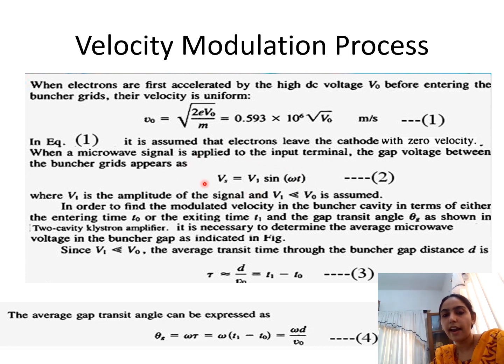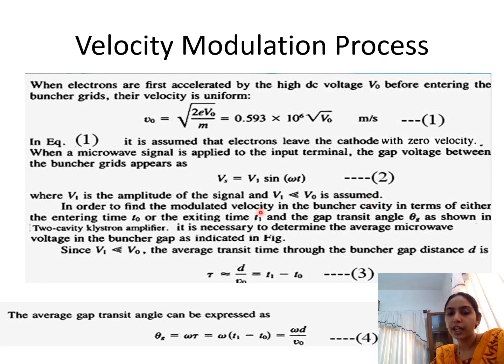To find the average signal, we have to integrate the signal. Here we have written the expression for the gap voltage between the buncher grids as the second equation. We have assumed that the microwave input signal V1 is very much lesser than the DC voltage capital V0.